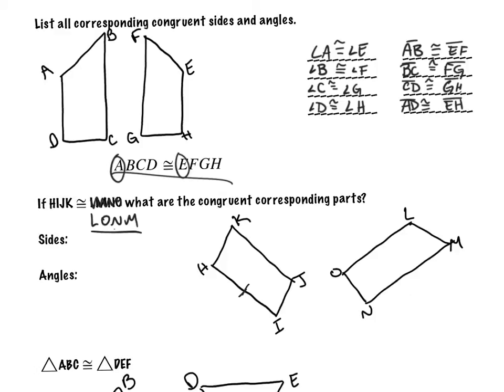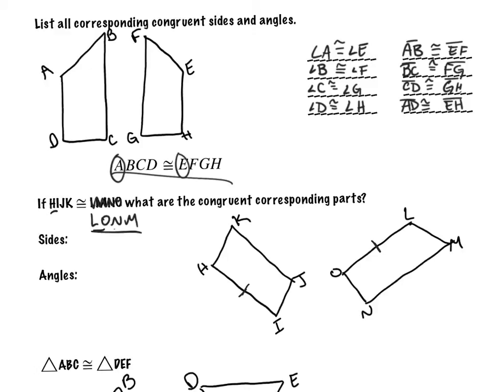HI is congruent to LO, because it flips. HI is the first two, LO is the first two.